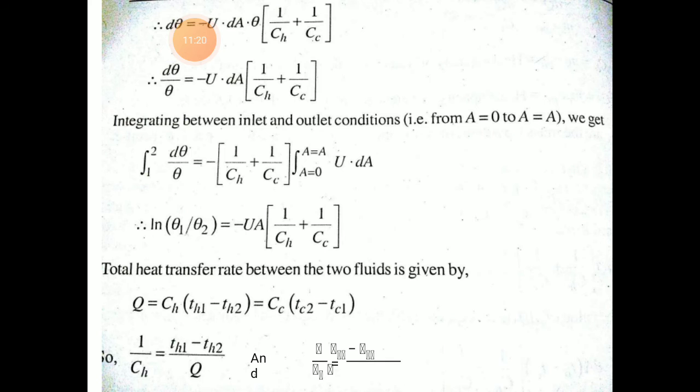The total heat transfer rate between the two fluids is given as Q is equal to Ch (Th1 minus Th2), which is equal to Cc (Tc2 minus Tc1).